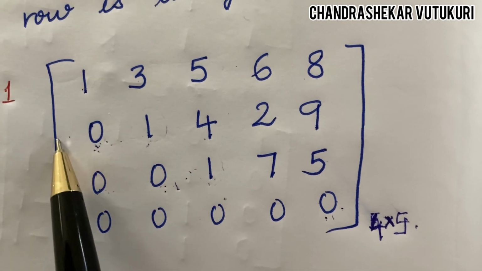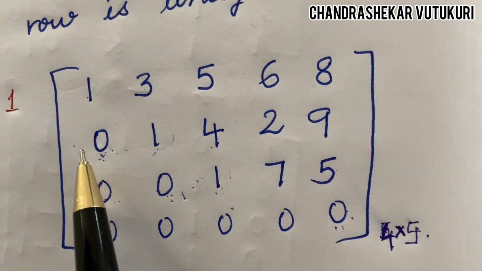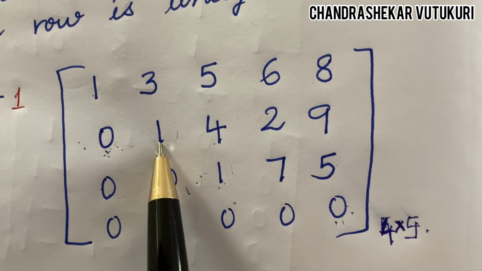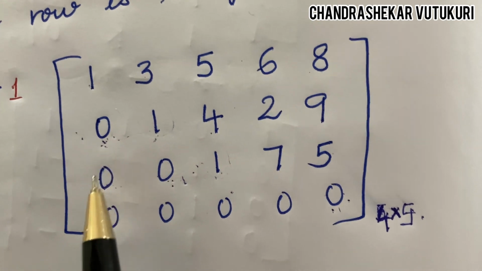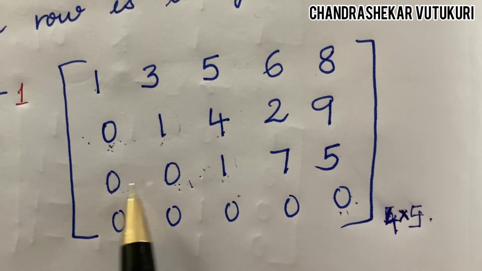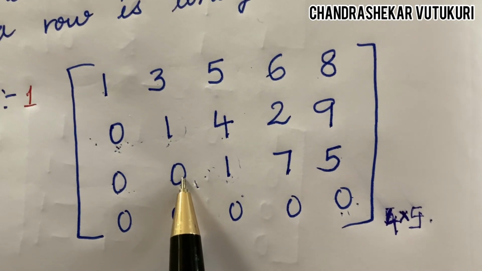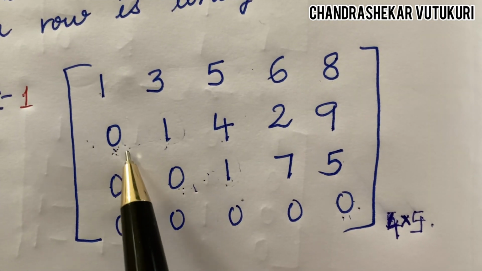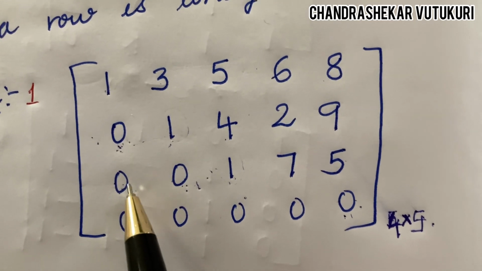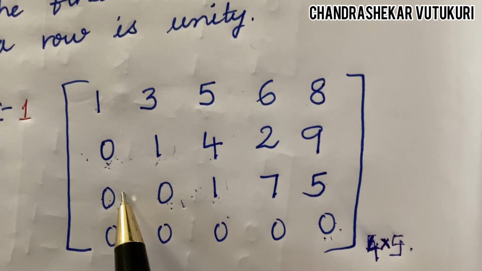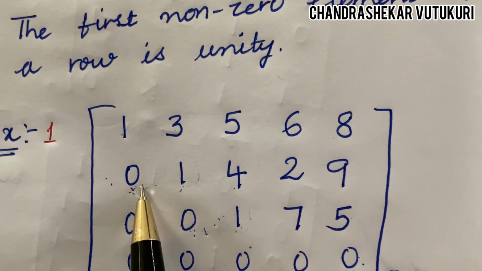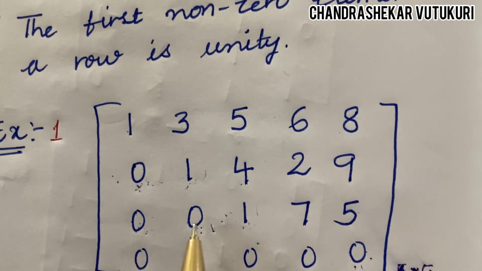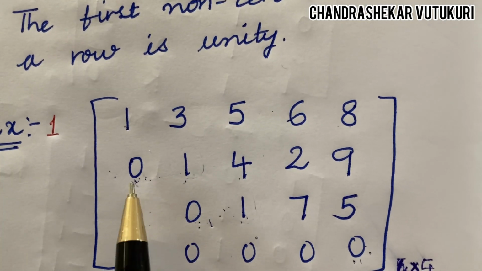Let's take this as row 2 and row 3. In row 2, we have only one 0, which is before the first element other than 0, I mean the unity. And coming to the third row, if you see, there are 2 zeros before the non-zero element. So the number of zeros preceding the first non-zero element is less than the number of such zeros in the succeeding rows.